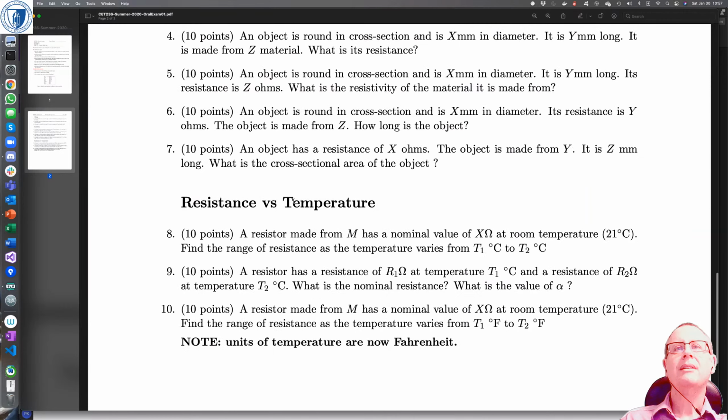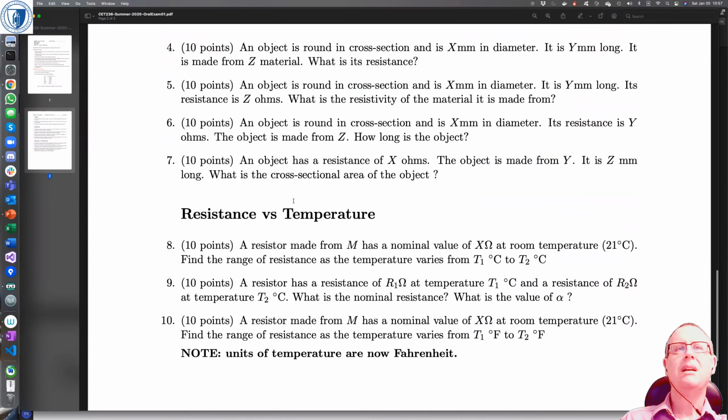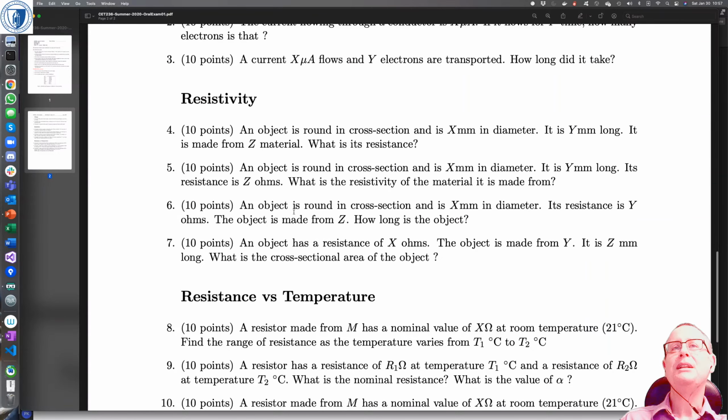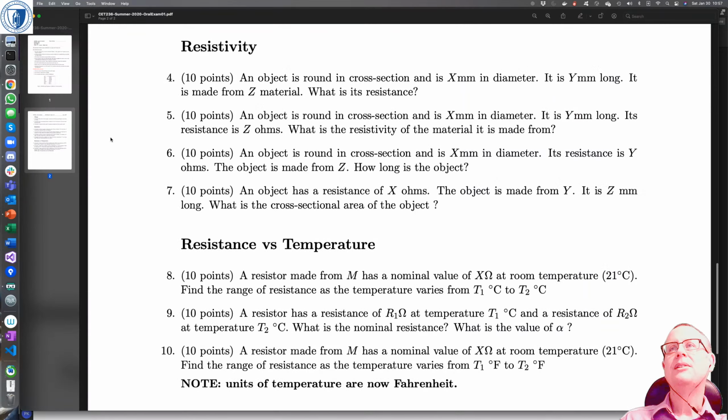So I'm going to get you to do some sample questions before we hit the midterm, but you'll notice that last summer's midterm, the second question was about resistivity, and it gives X, Y, Z, and asks you to find the resistance, or it asks you to find the resistivity, or how long the object is, or the cross-sectional area of the object, right?